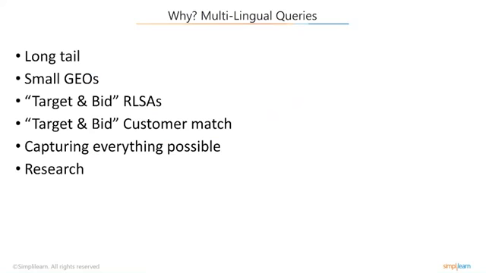So what's interesting is when we ask people, how much do you like broad match? The further the natural language is from English, the more people like broad match. Usually the closer their natural language is to English, the less they like it. But there's a lot of good uses of broad match, right? Whether it's the long tail, RLSAs, target and bid, you're only reaching users in your audience list.